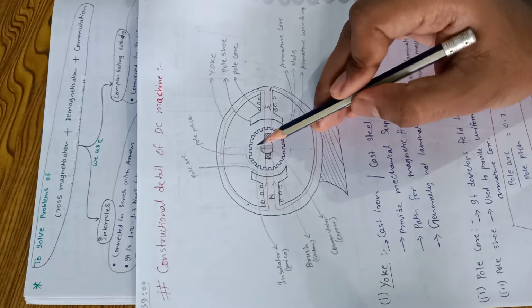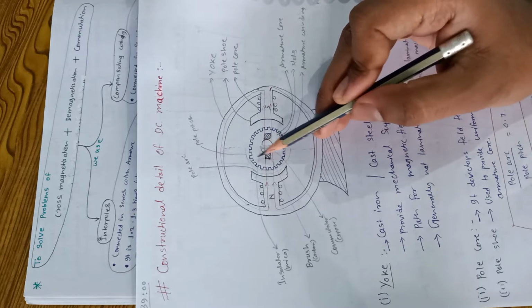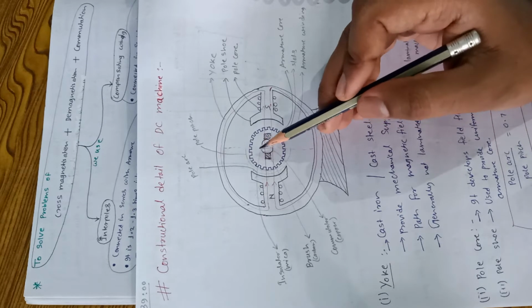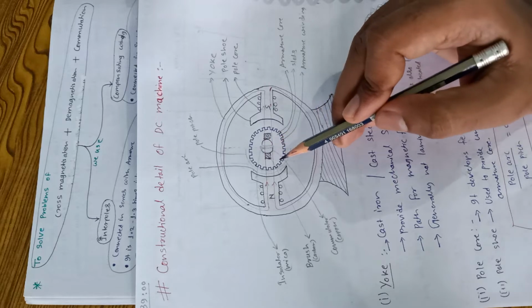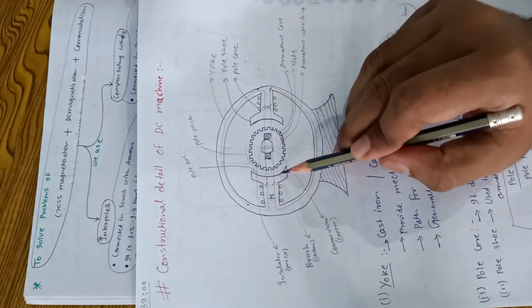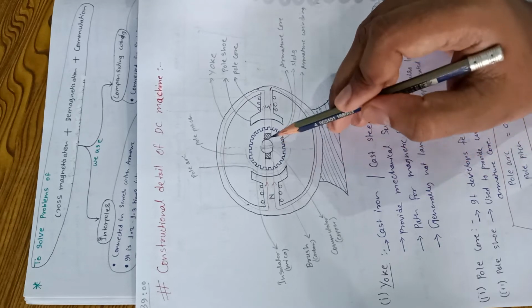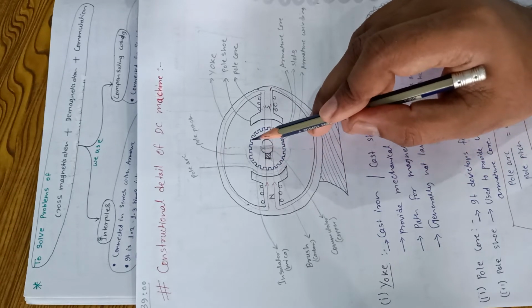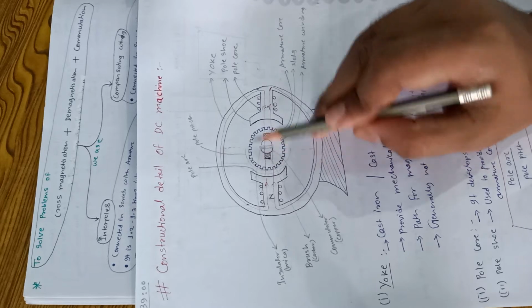Due to this current, armature flux will be produced. Due to the armature flux, there will be interaction between field flux and armature flux, and a torque is developed. Due to that electromagnetic torque, it will start rotating.